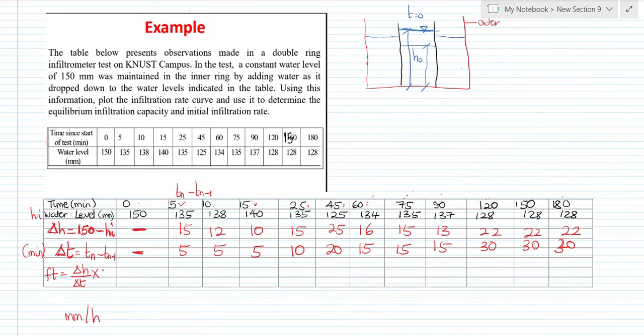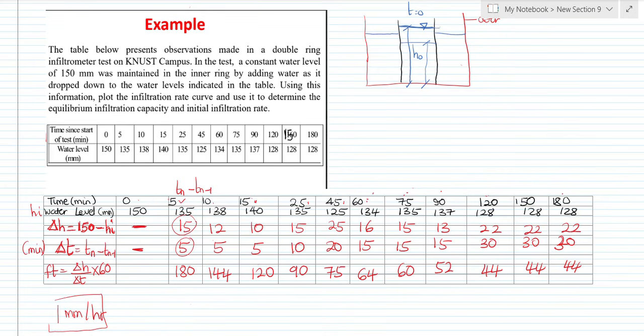So in that case, we have to multiply it by 60 minutes to make up for the time, right? Because we want to leave our units in millimeters per hour, which is much clearer, right? You can equally leave it in millimeters per minute, but the values that you are going to get are very, very small. And because we are going to plot it, I prefer to leave it in millimeters per hour. So we take the change in water level, that is this, divided by this, times your 60. So let's see what we do.